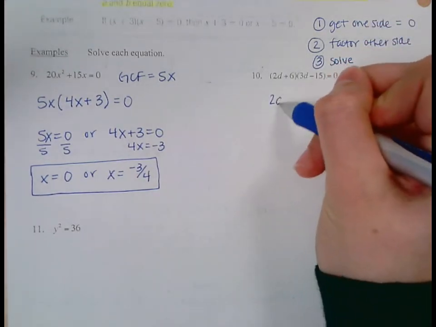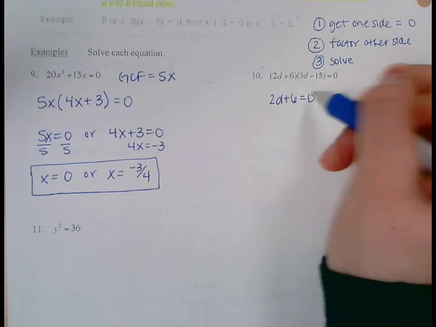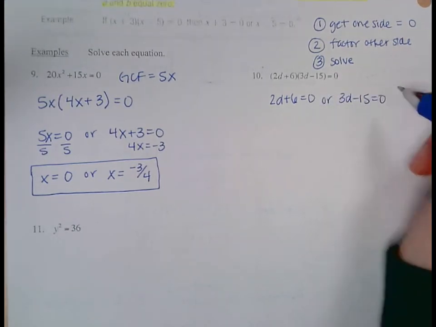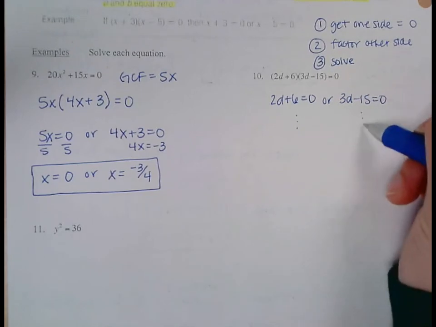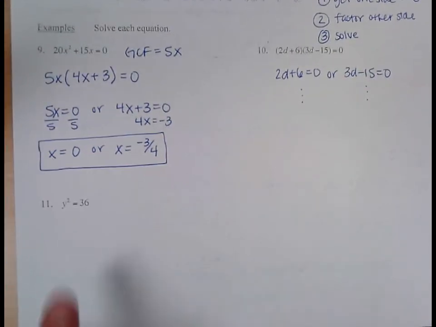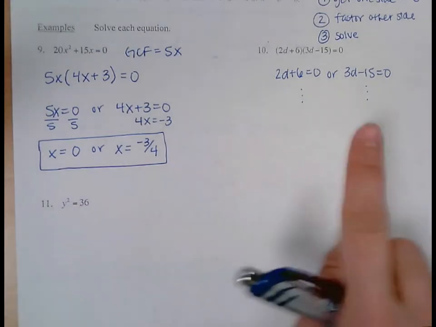This would be either 2d plus 6 equals 0 or 3d minus 15 equals 0. And then you would solve each of those equations for d. Okay, so I'm going to skip over that part. I know you can solve those equations for d, but I wanted you to know how to set up the new part with the zero product property. So you would have 2 solutions for d there.